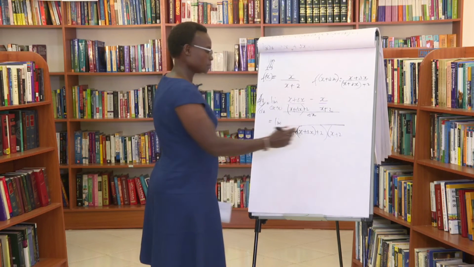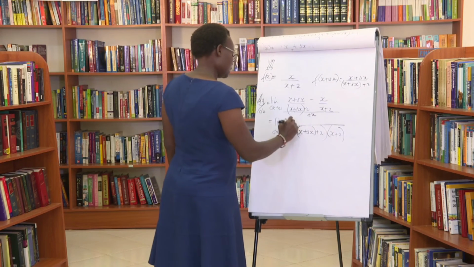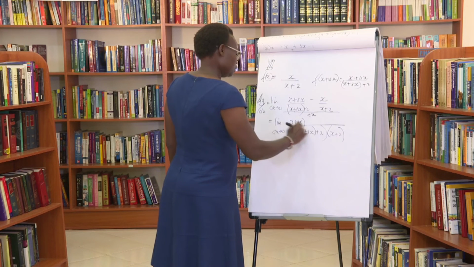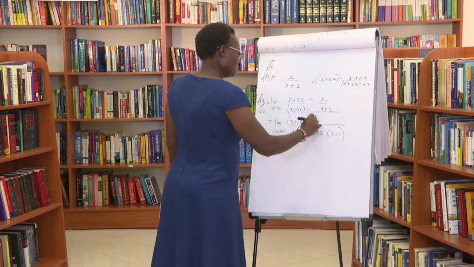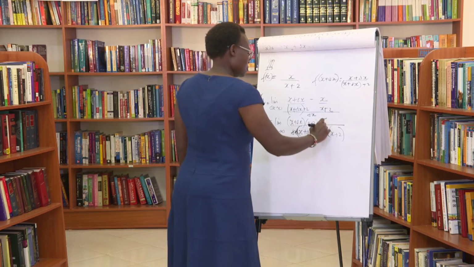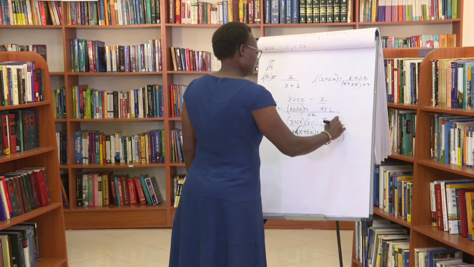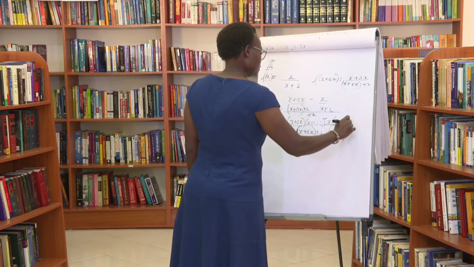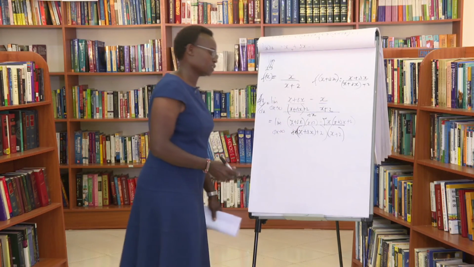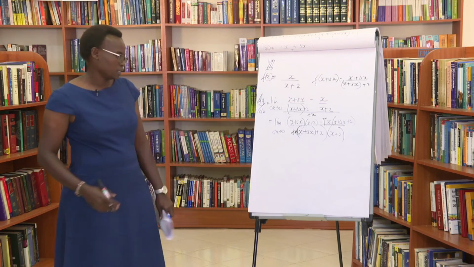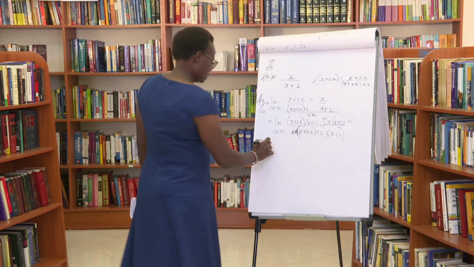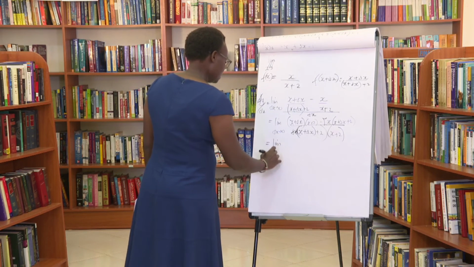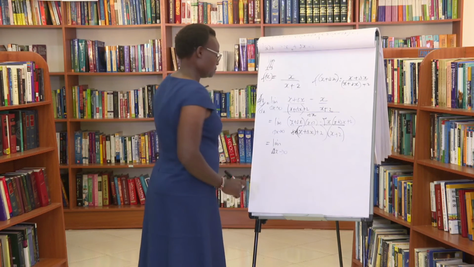Then as usual, this will give us x plus change in x into x plus 2 minus x into x plus change in x plus 2. So that one you can even just write it as x plus change in x plus 2. And then this will give us limit as change in x tends towards 0.